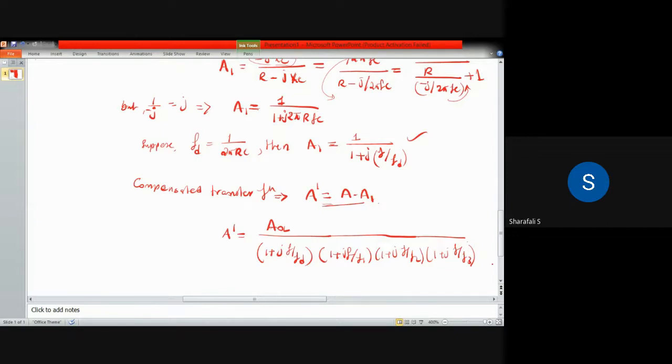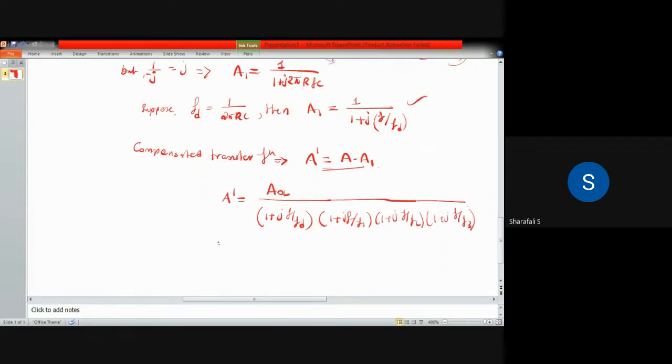And this value of Ft has to be less than all other break frequencies, F1, F2 and F3. And we have to choose the RC values in such a way that the Ft value is much smaller than the other break frequencies. Okay.